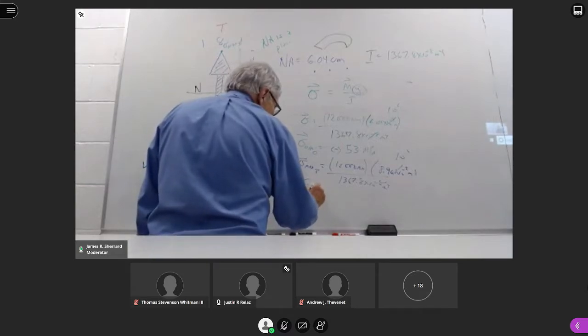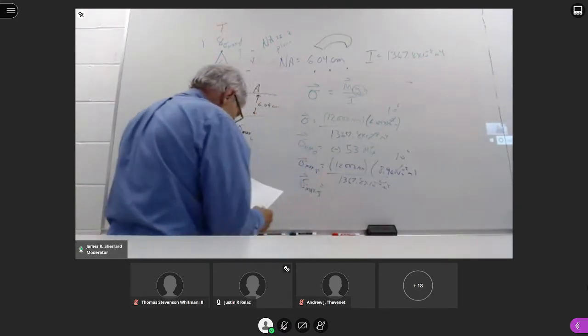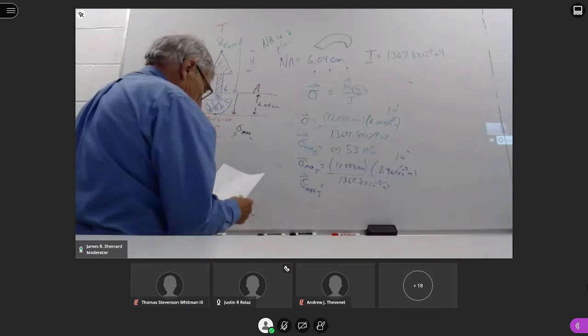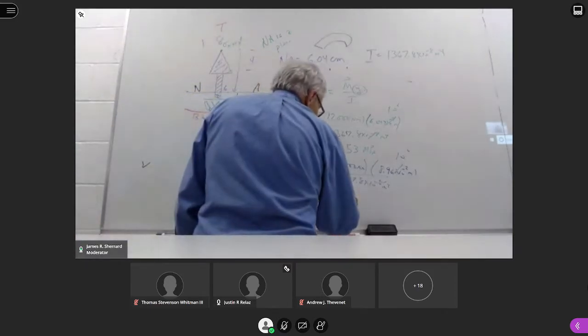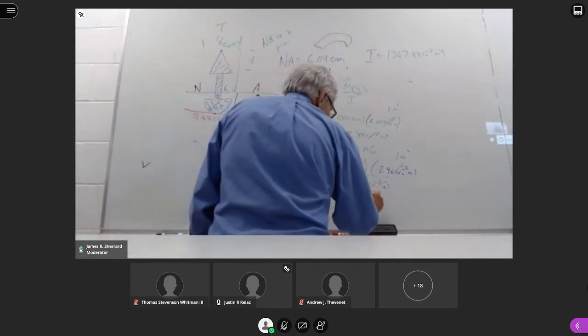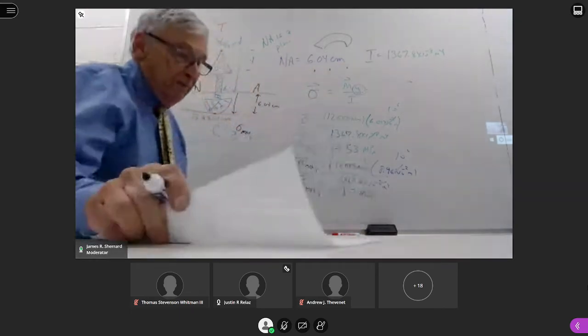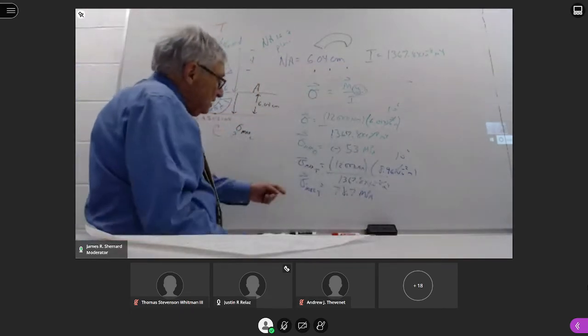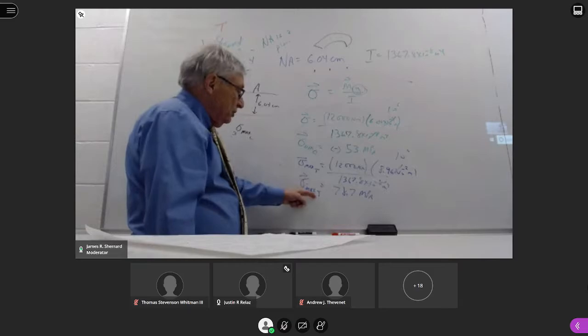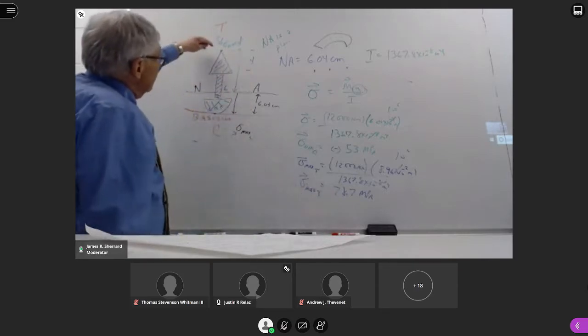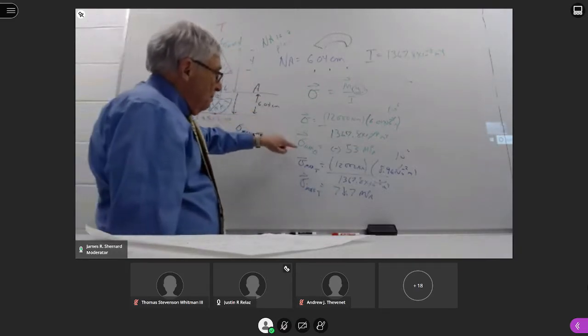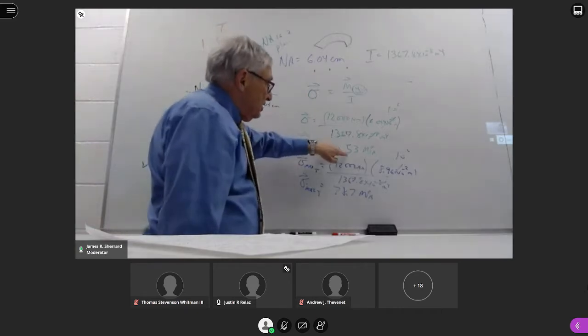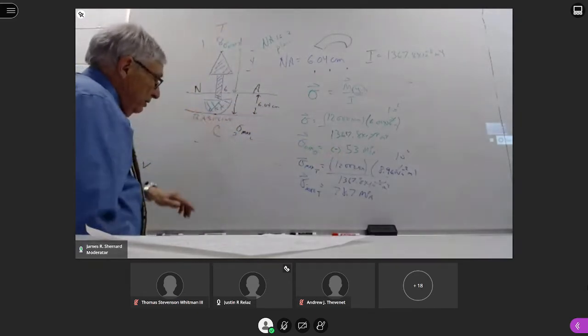And I had this value for maximum be 78.7 megapascals. We now know the maximum value for plane stress for tension. It's this value, and it occurs right here. We know the maximum value for compression, which is this amount, and it occurs right here.